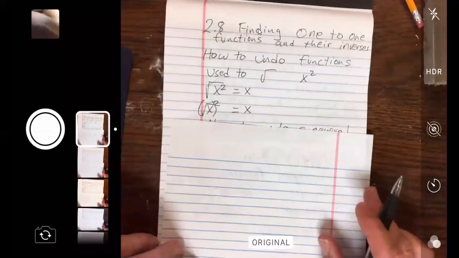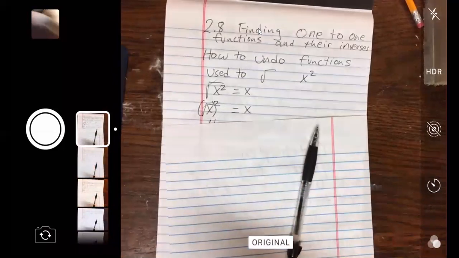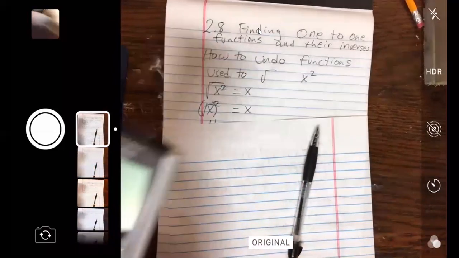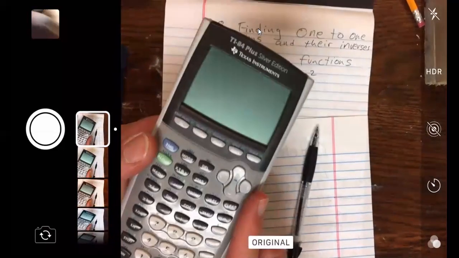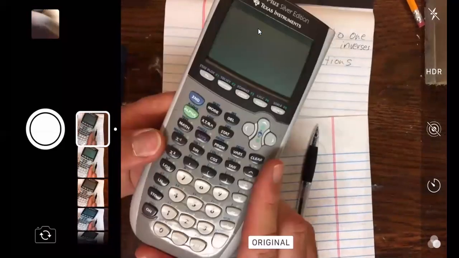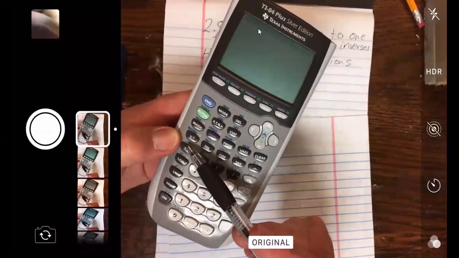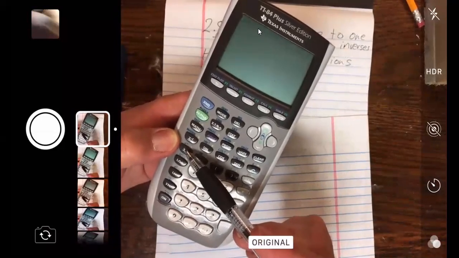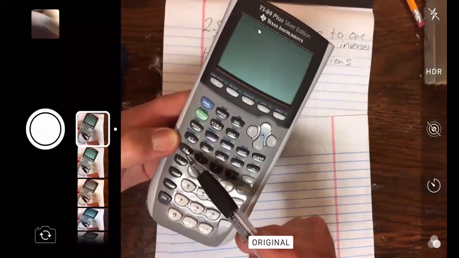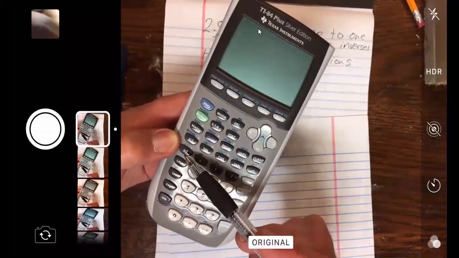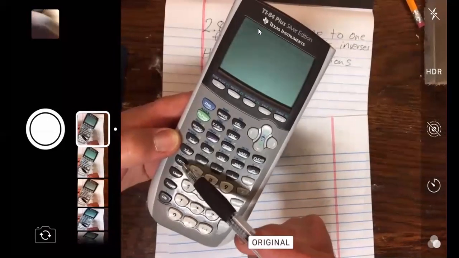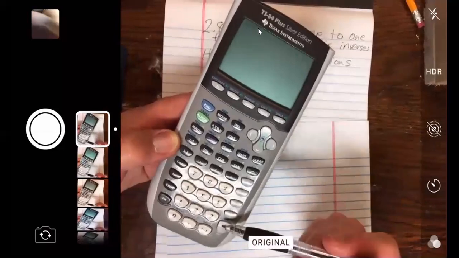And so these are paired on your calculator, just to make that point. If you look at your squared key, right above it is square root. Functions that undo each other are paired on the calculator. That's how your calculator is organized.